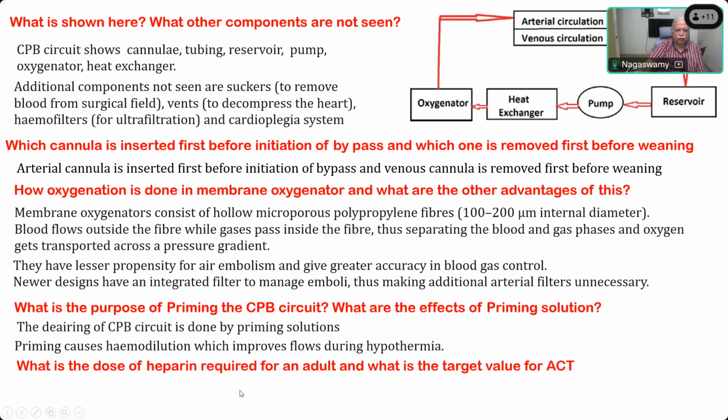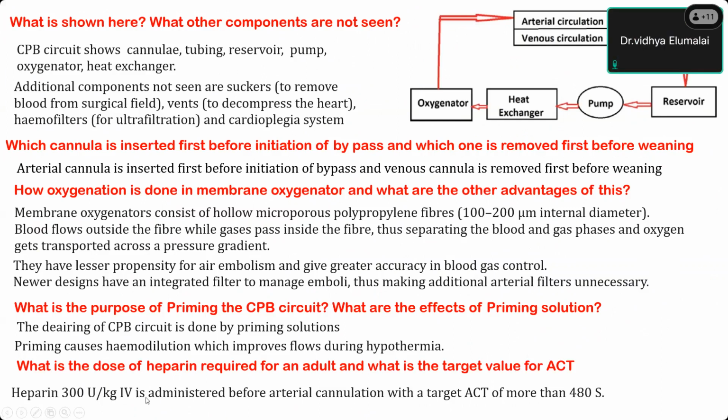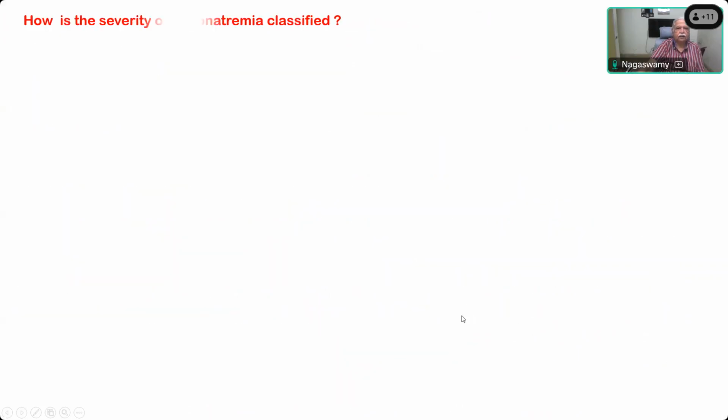What dose of heparin is required for an adult, and what is the target value of ACT to be achieved? It is 300 ACT units per kg IV before arterial cannulation with a target ACT of more than 480 seconds. Okay, so that is the answer for that.